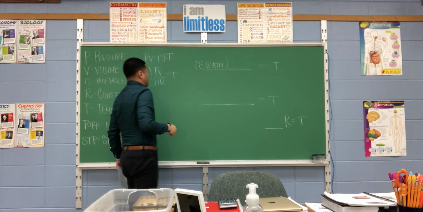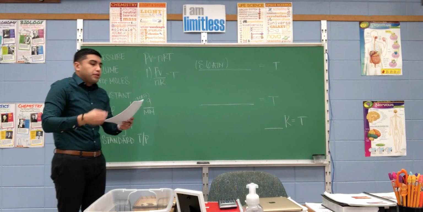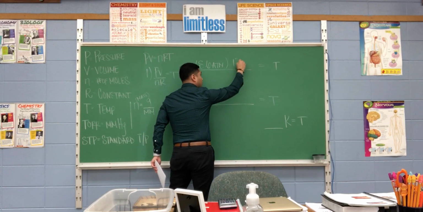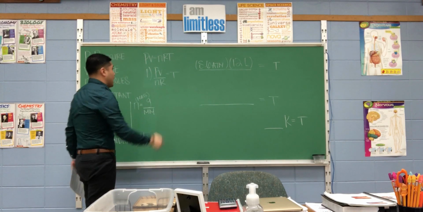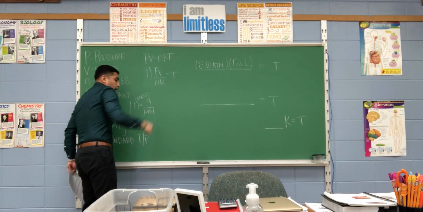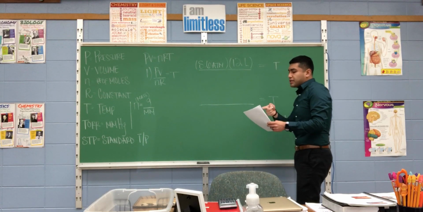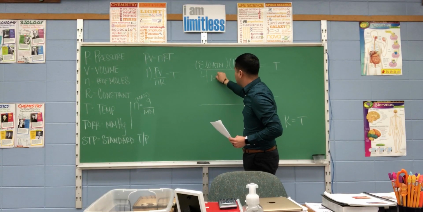That's my first pressure. Then my volume is also given to me in the problem, 12 liters. I'm going to put it right next to it, 12 liters. Underneath it, I have to put my number of moles and my R. What's my number of moles? Given right there, 4 moles.